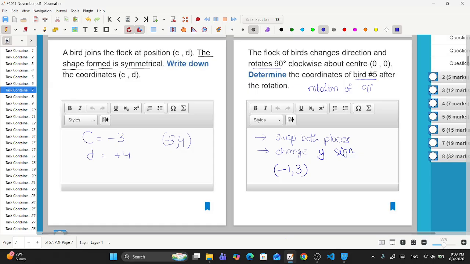The first step is you have to swap their places, so that becomes (3, -1). But this is not going to give you the complete mark because you also have to change the y sign. This becomes (3, 1), and this is going to be your final answer.